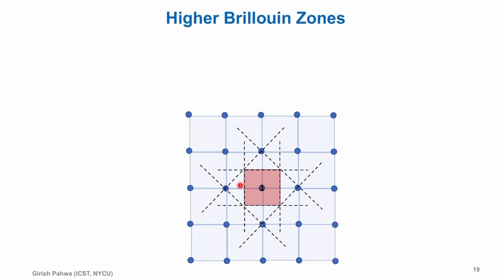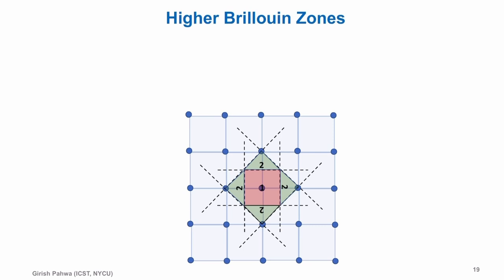But if I want to enter this region, I have to cross two Bragg planes, so this part is not the second Brillouin zone. If I go from here to here, I am crossing 1, 2 and 3 Bragg planes, not the second Brillouin zone. So only this part, this part, this part, this part will be the second Brillouin zone. Simple geometrical construction.